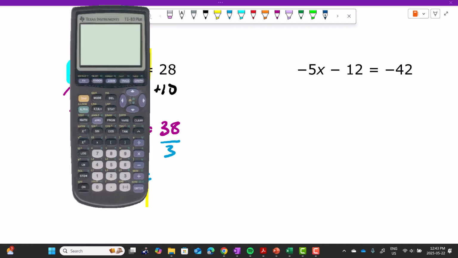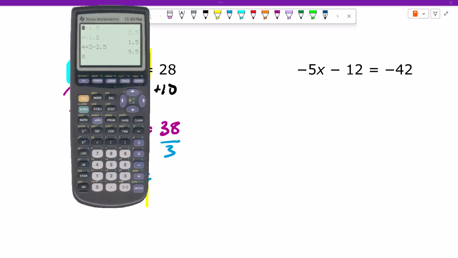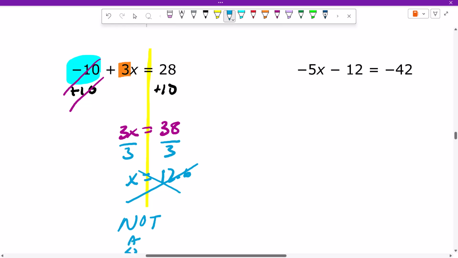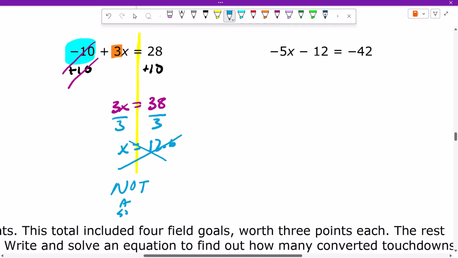That's the main thing. 38 divided by 3, I get 12.6. Or you leave it as a fraction or whatever. Right? The answer is not 6, so you go not a solution. Can't be 6. It's looking for which one of these are 6. So that's one thing you can do.